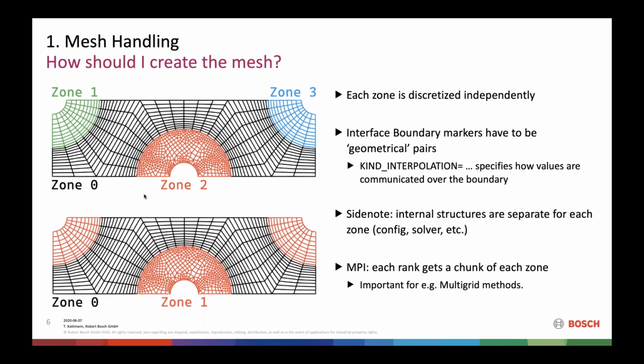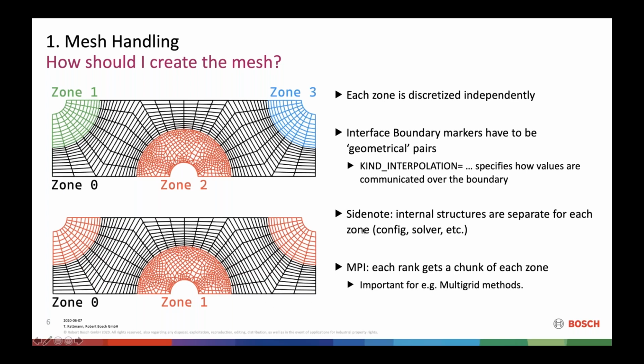One comment also towards MPI, each rank gets a chunk of each zone. That is, in that lower example, if you have 2 ranks, the fluid zone and the mesh decomposition would be separated in two domains, and the solid zone as well. So that is important, for example, for multi-grid methods where total number of elements per core is somewhat important.